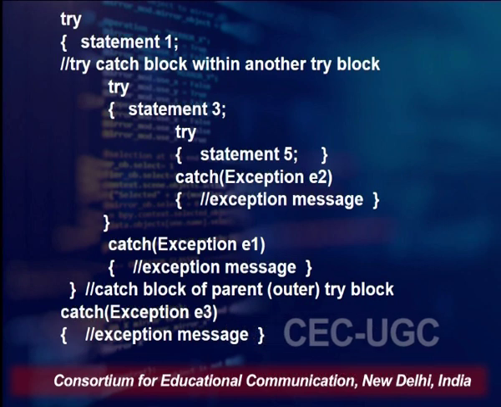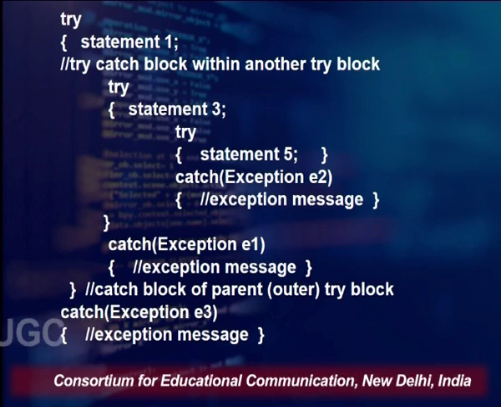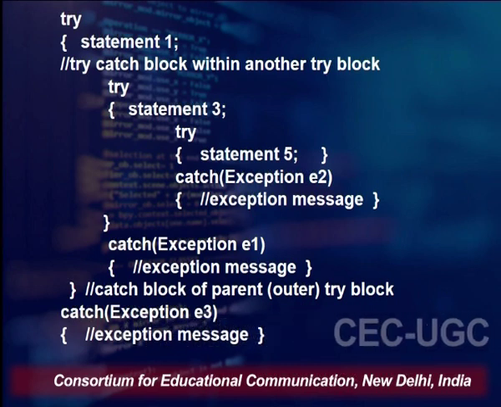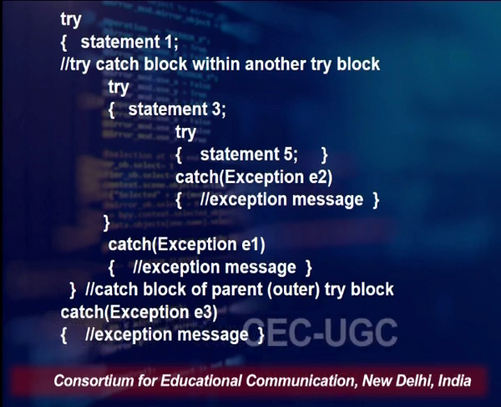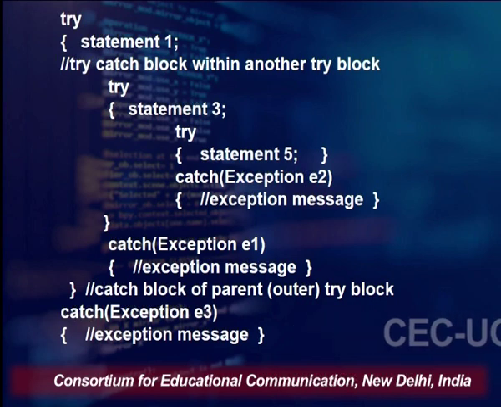The error which the innermost try throws can be caught by the exception E2, and statement 1, which is inside the outermost try, may throw another exception, and that can be handled by the exception E3.